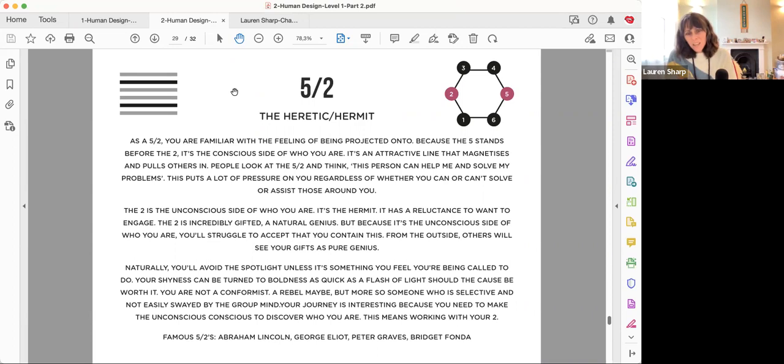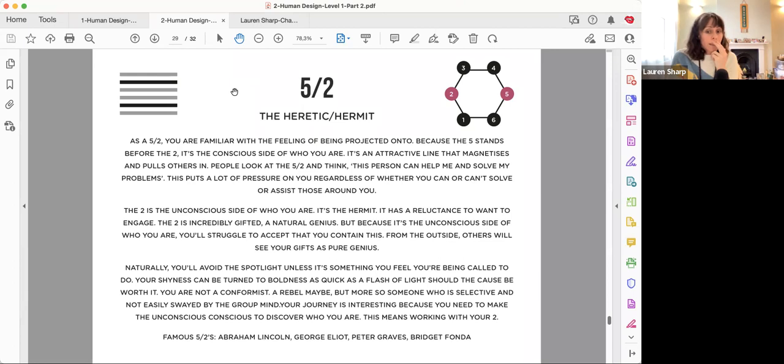So it's that flipping between being out there and in. I don't want the spotlight. I'm feeling a little bit shy. I find 5-2s are more introverted than the 2-5s, weirdly enough, just in terms of people I've come across with that profile.